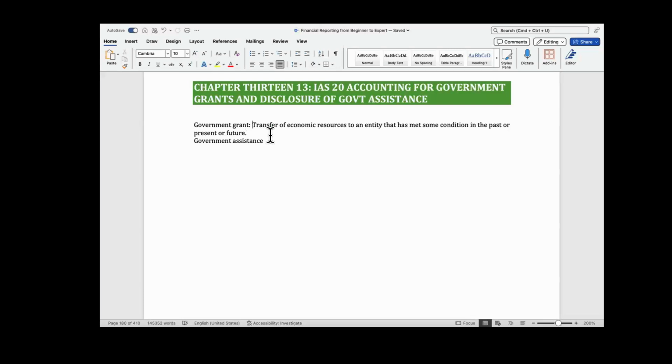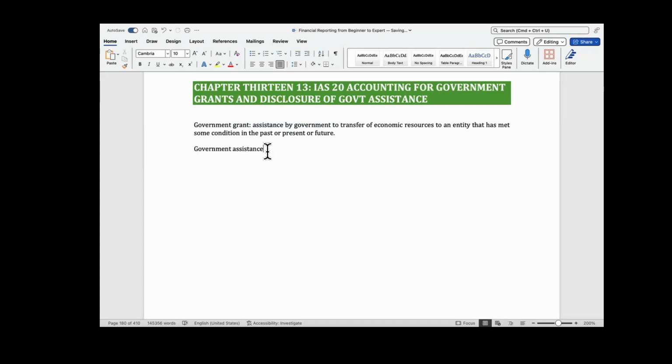And if I want to define it completely, I would say that a government grant is assistance by government to transfer. So government grants is under government assistance. So the government transfers economic resources to an entity that has met some condition.